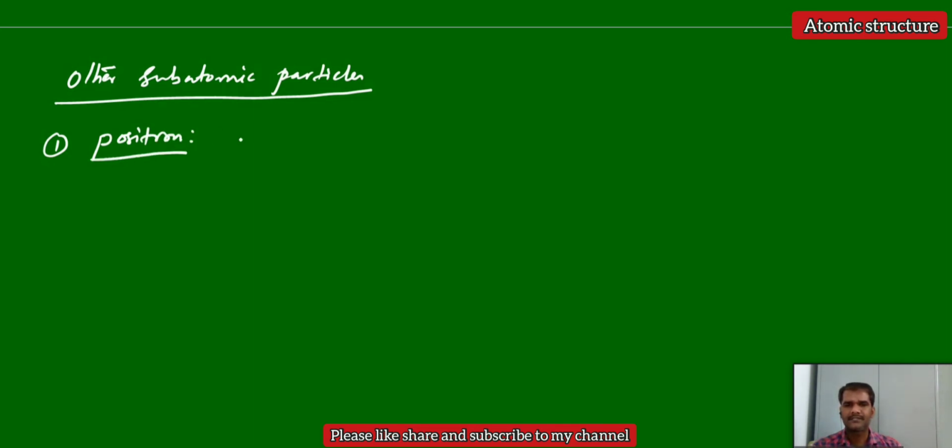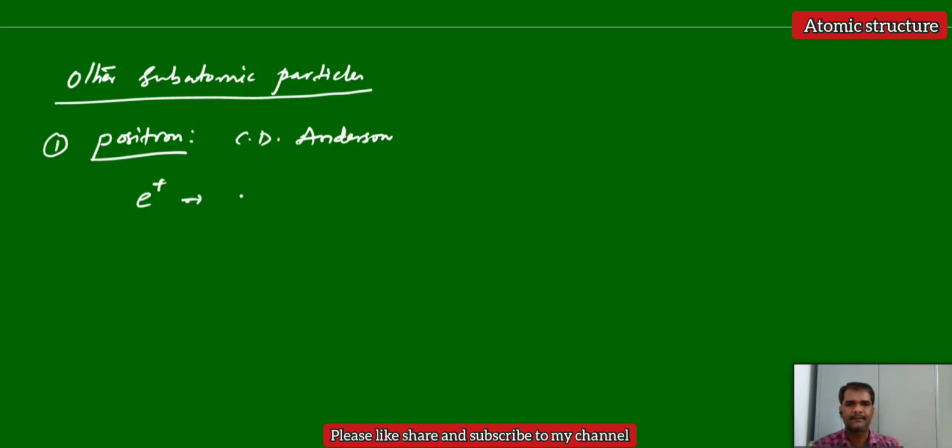This positron was discovered by the scientist C.D. Anderson. He discovered this, and this positron we can represent like this, e plus. It is almost similar to the electron, but electron is having negative charge, but this positron is having positive charge, e plus.